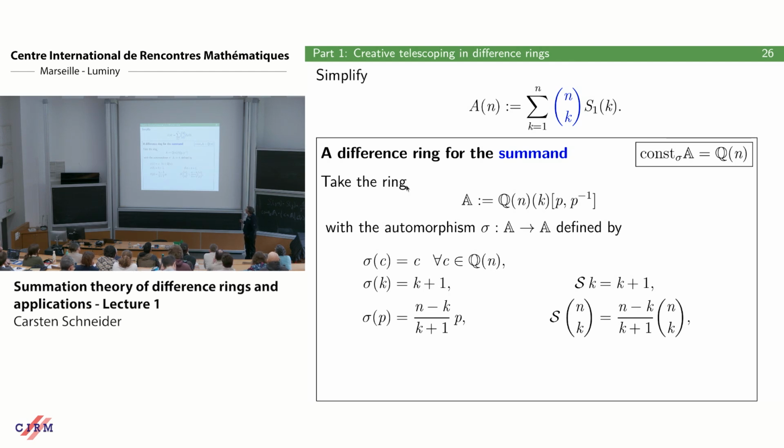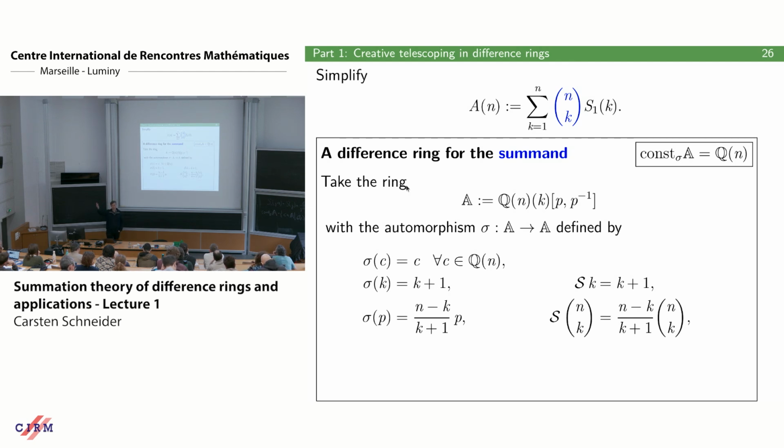So I introduce a new variable. And in this case, I could go now to various versions. I could go to the polynomial ring, but I want to be flexible. I go to the ring of Laurent polynomials. Okay, so P is transcendental over this field.